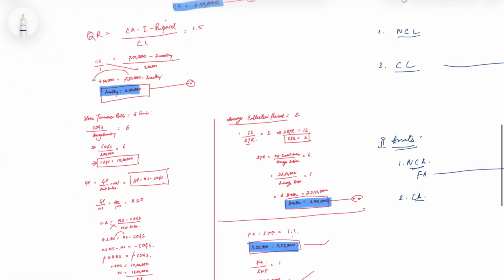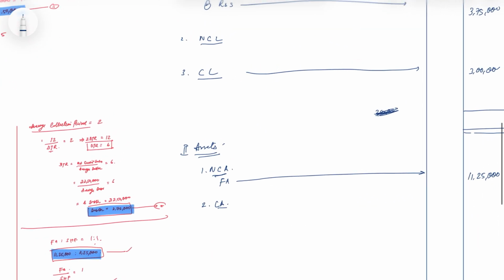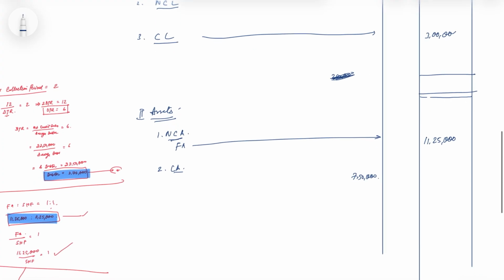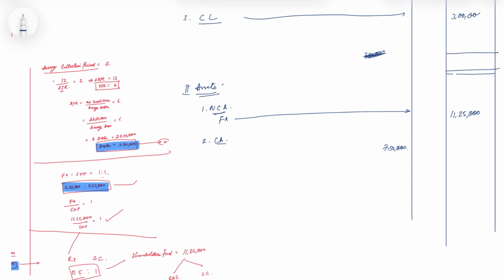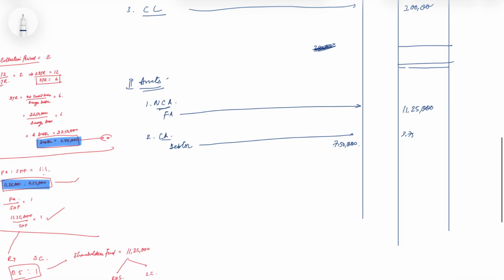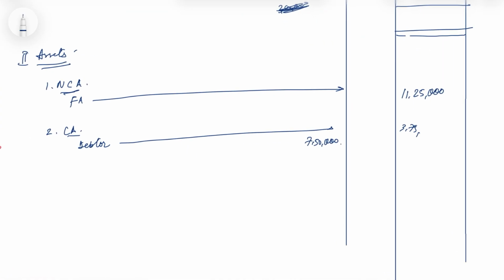Next, current assets total 7,50,000. The detail is that 3,75,000 is given in the data.